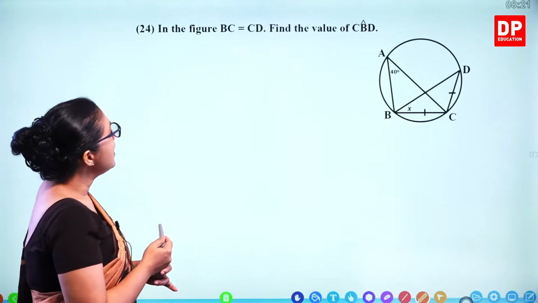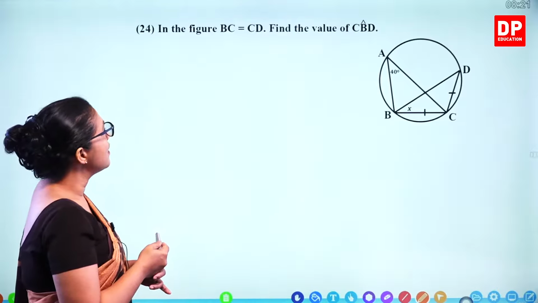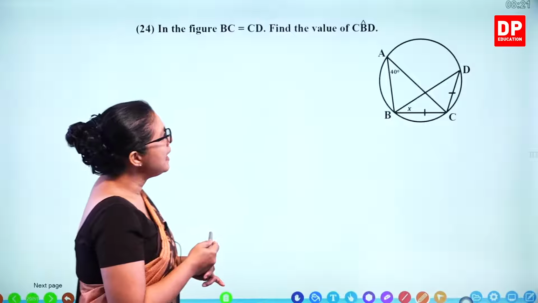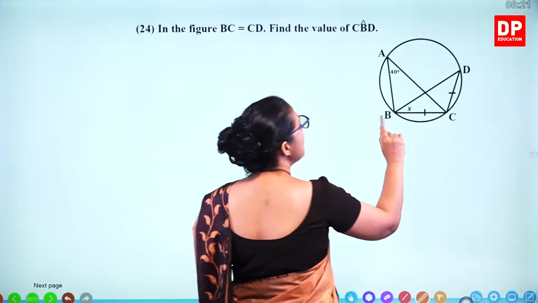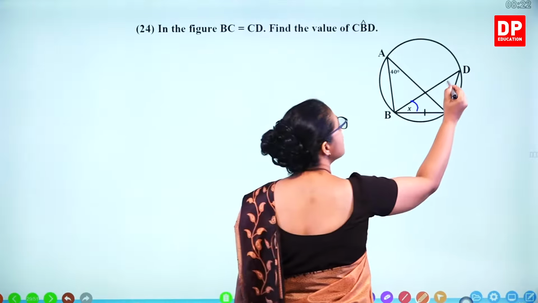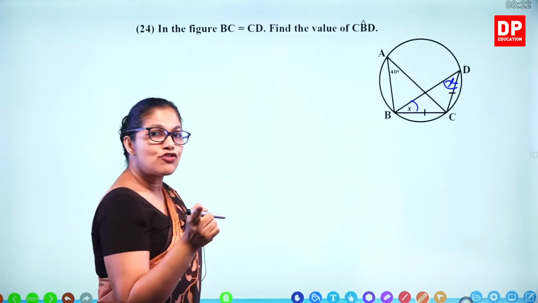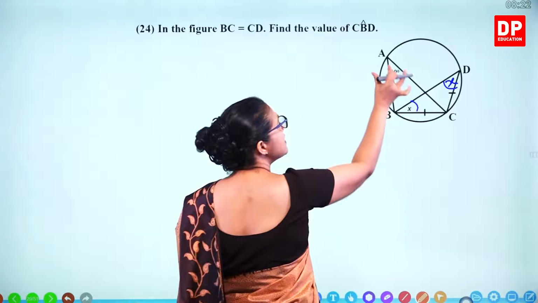Twenty-fourth one. In the figure, BC is equal to CD. That's given. Find the value of CBD. Finding X. If this is X, this is also X. For an isosceles triangle, angles are equal. And what can you say about this angle and this angle?